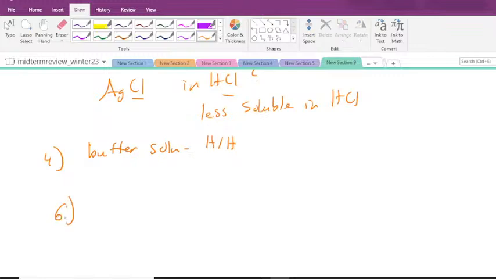The titration is weak acid plus strong base, and I think you've gotten plenty of practice in lab. But again, if you have questions, I'm more than happy to stay after. And then I think we covered everything else, so you should be set for your exam.